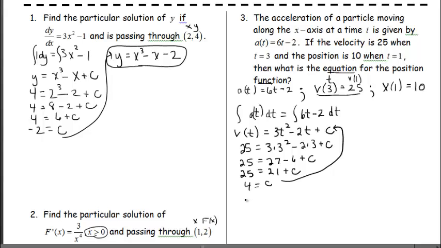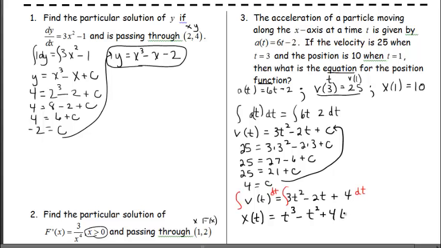All right, so let me rewrite that. Now I'm going to integrate again, and I'm going to bring in the dt. Velocity integrates back to x of t. t cubed minus t squared plus 4t plus c.